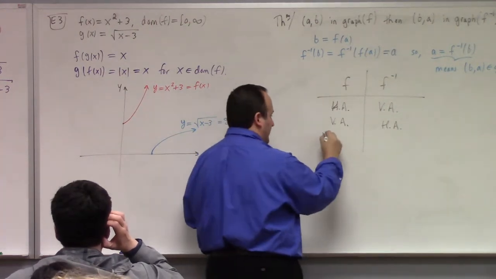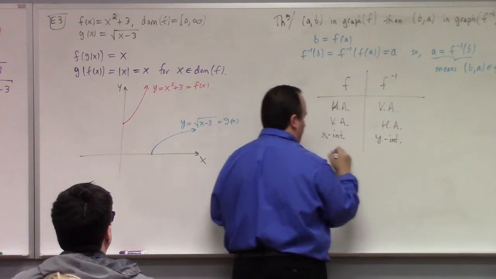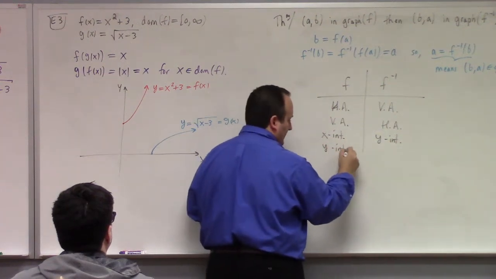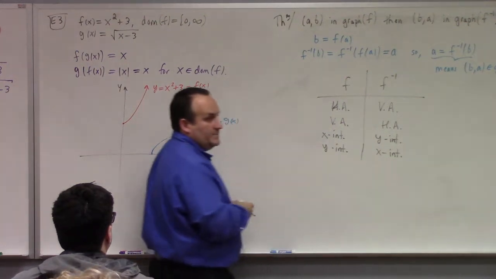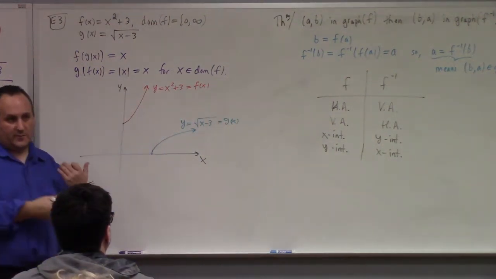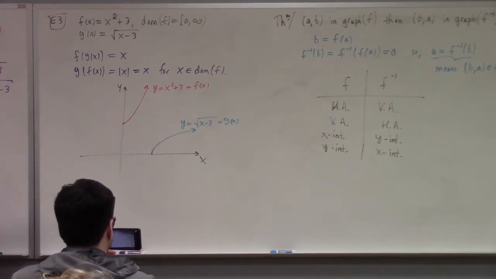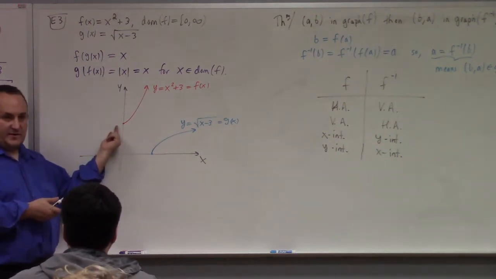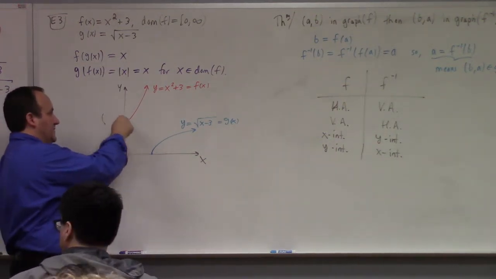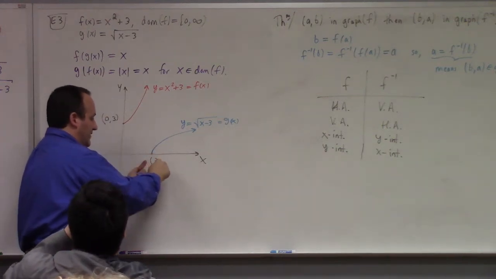If you've got an x-intercept over here, you get a corresponding y-intercept over there, and if you've got a y-intercept over here, you get an x-intercept over there. There's this duality. We already just saw this duality in play over here, right? My y-intercept of (0, 3) flipped to an x-intercept of (3, 0).